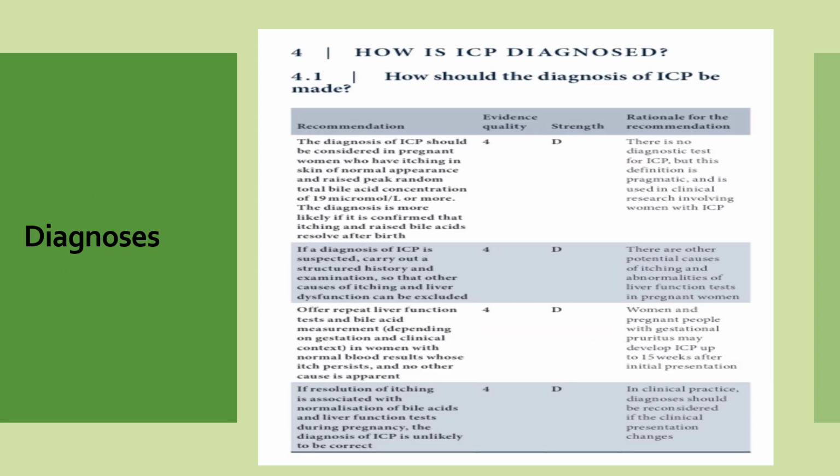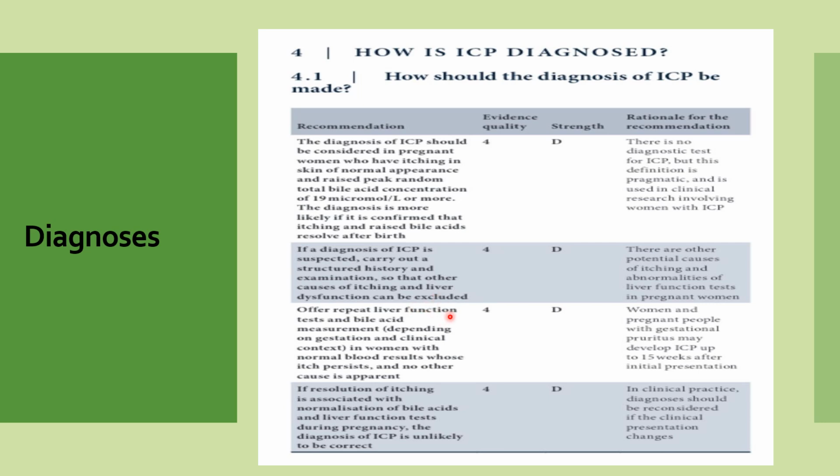In this slide, we can see how to diagnose a case of ICP. If any woman comes with itching and raised bile acid concentration, we can consider this lady may have ICP. So we have to take a brief history and carry out examination and some investigation to rule out other causes of itching and liver dysfunction, because ICP is a diagnosis of exclusion.